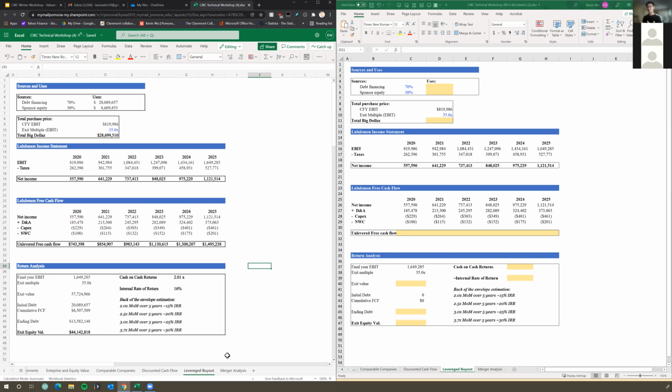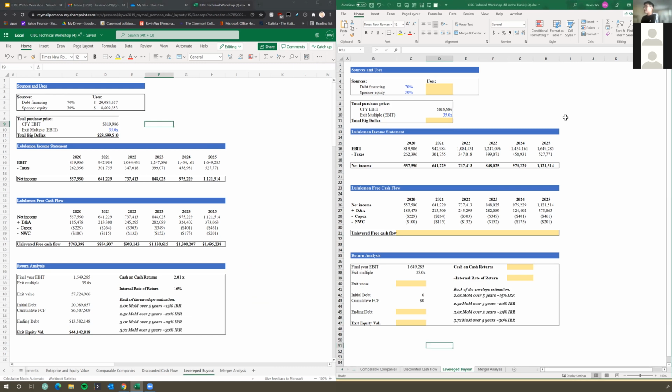So that's the broad picture. We want to understand why we are using different valuation methodologies, and if we're doing so, what perspective am I looking at things from? So I'm a financial sponsor and I want to purchase Lululemon. How would I go about it? What's the story?